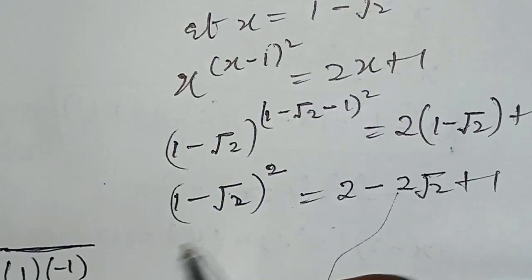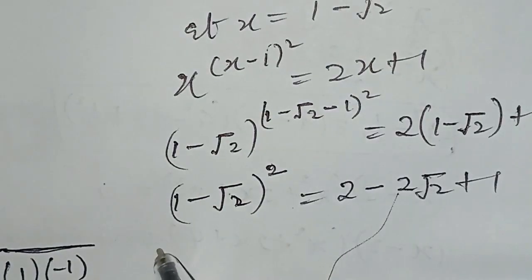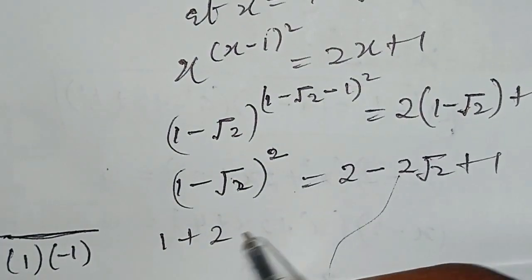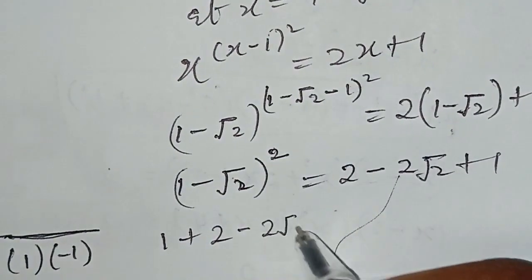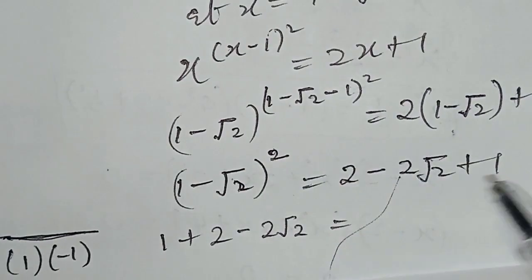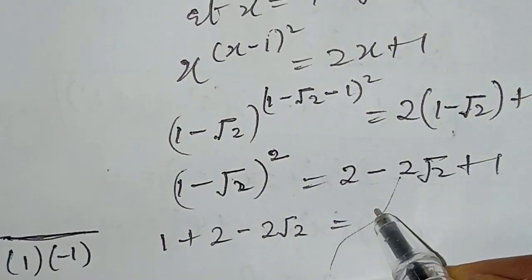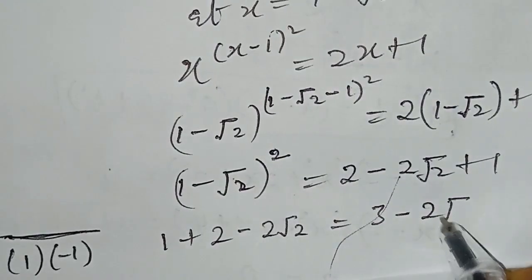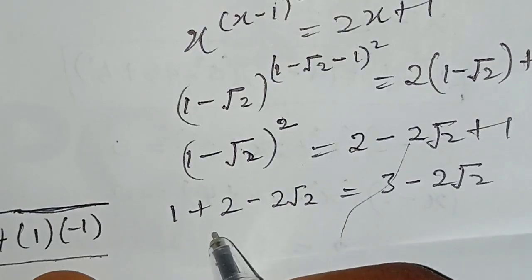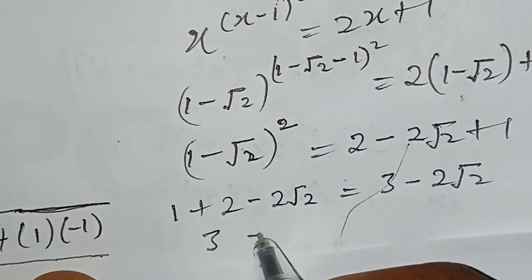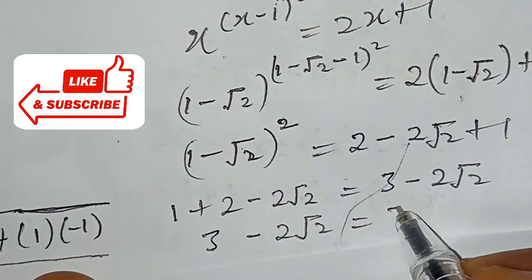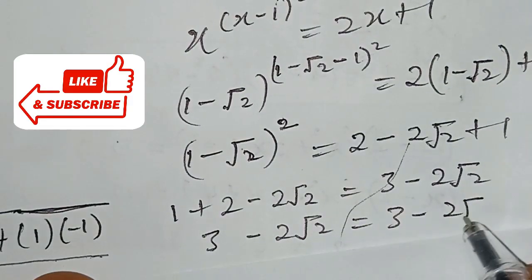So from here we have this to be expanded as 1 plus 2 minus 2 square root 2, which is equal to, this 2 plus 1 gives us 3 minus 2 square root 2, and this can be written as 1 plus 2 gives us 3 minus 2 square root 2, equal to 3 minus 2 square root 2.